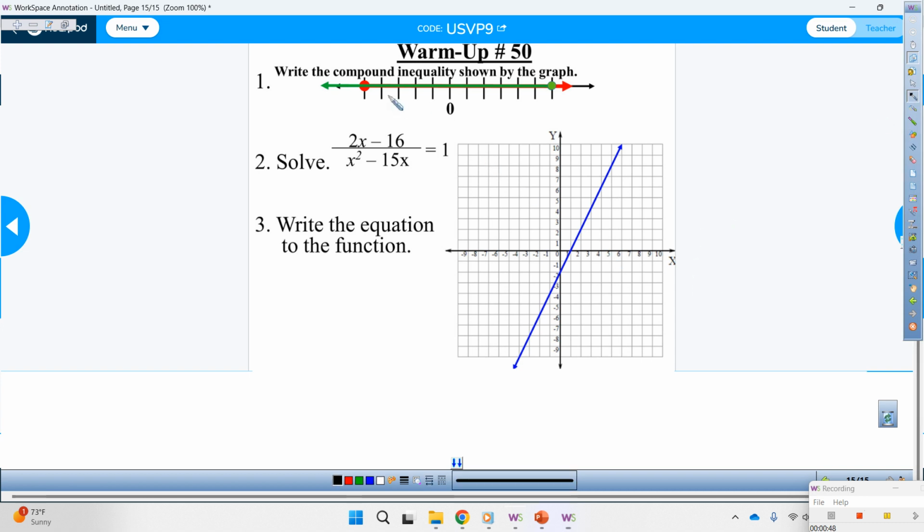All right, so check with the neighbor, see what they got for number 1, and Mario's going to enlighten us to get us started with our solution set of x, such that he's going to give us that inequality for the compound of number 1. What goes inside our solution set? Okay.